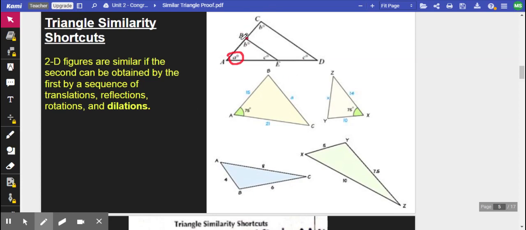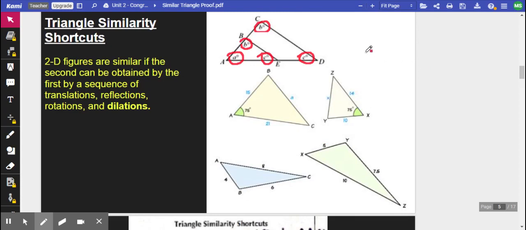We also have angle B in both triangles, and angle C in both triangles as well. So in both of these two triangles, big and small, we have 3 congruent angles.